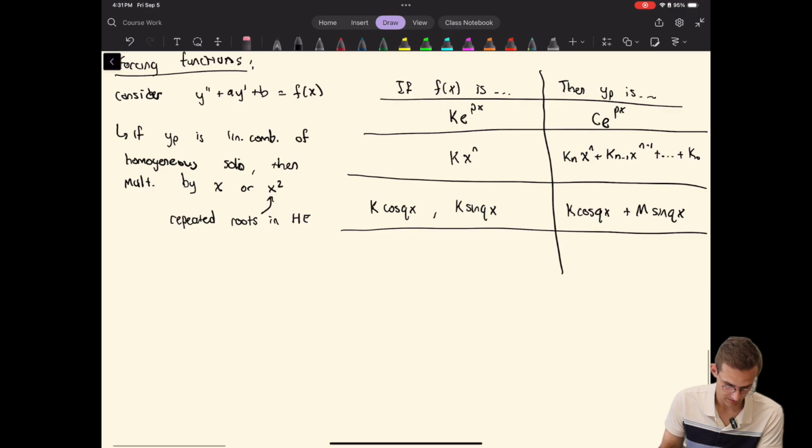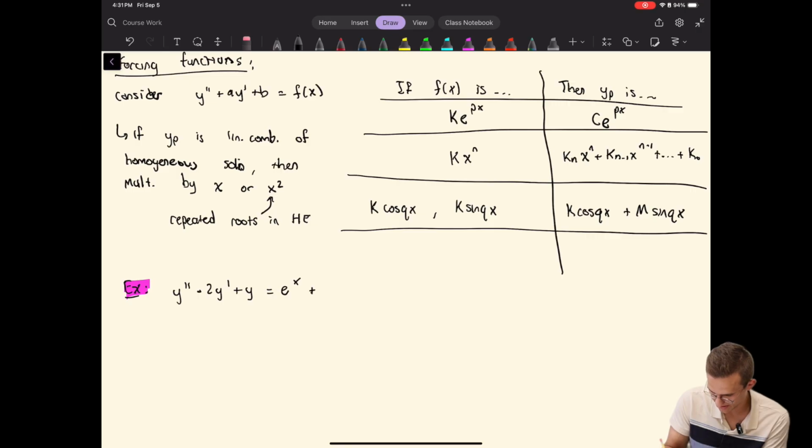Okay, and let's go ahead and look at an example of this. If we have y double prime minus 2y prime plus y is equal to e to the x plus x, and we look for yh, then we're going to have r squared minus 2r plus 1 equals 0.